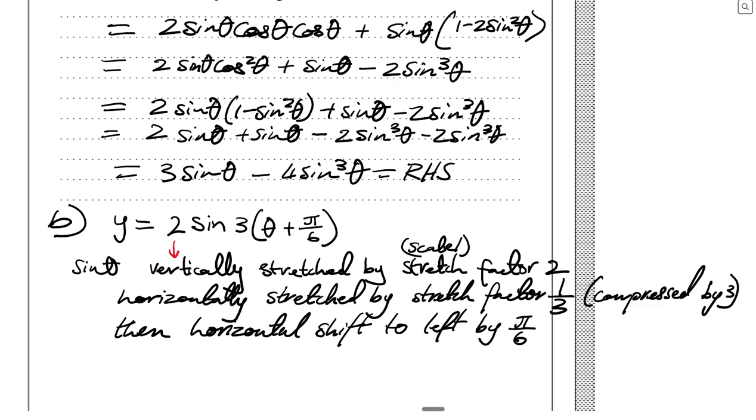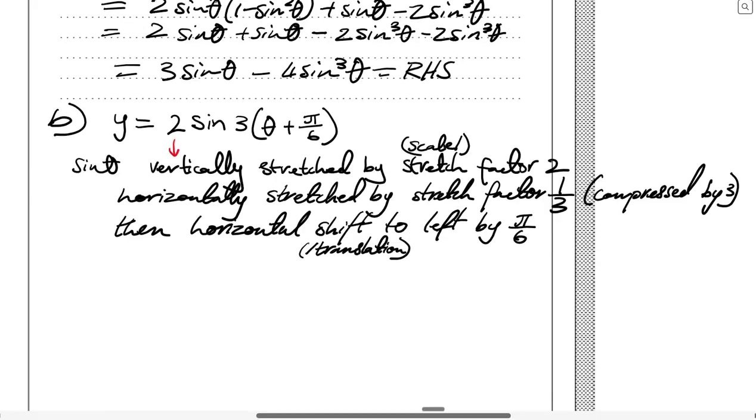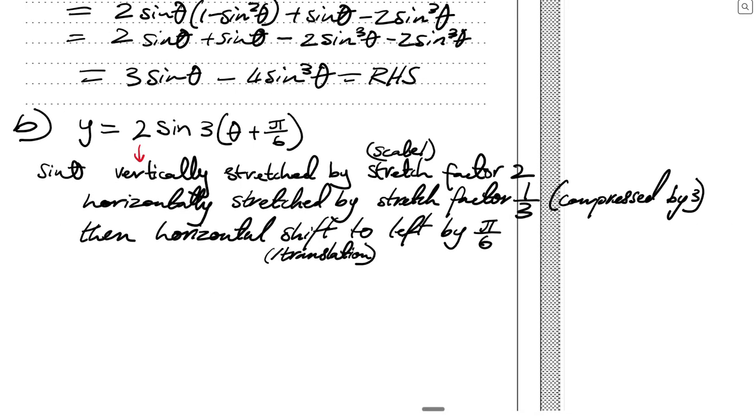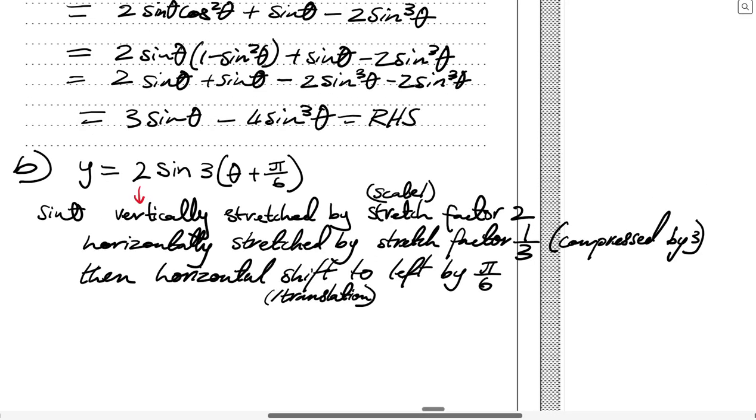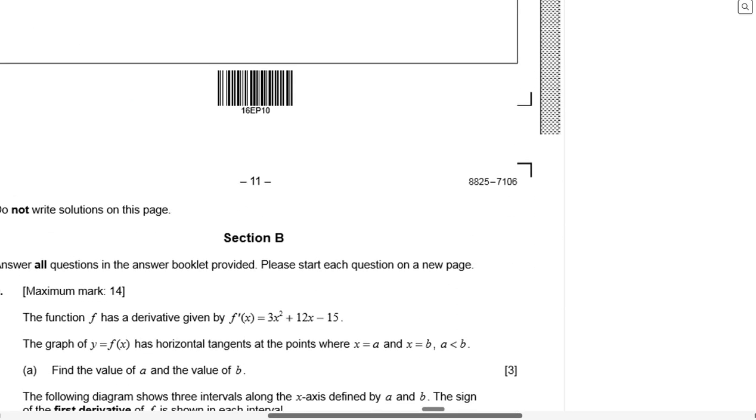And that should be good. Or you could also say horizontal shift or translation. So another way you could do it is apply this 3 to the theta only and then make this pi over 2, but I prefer to do it this way. And so that's how to do question 8.